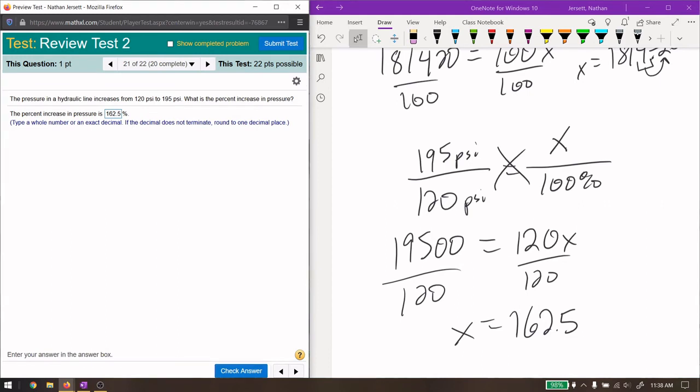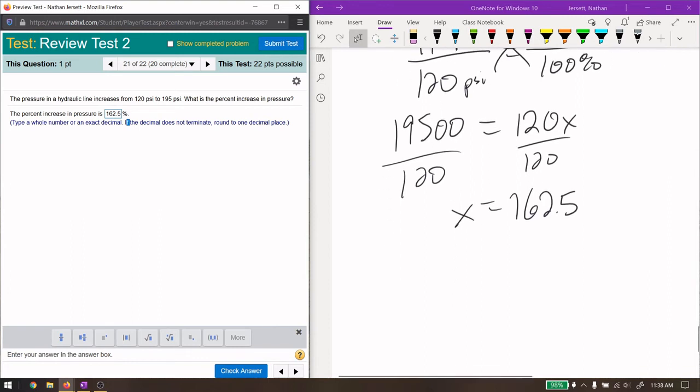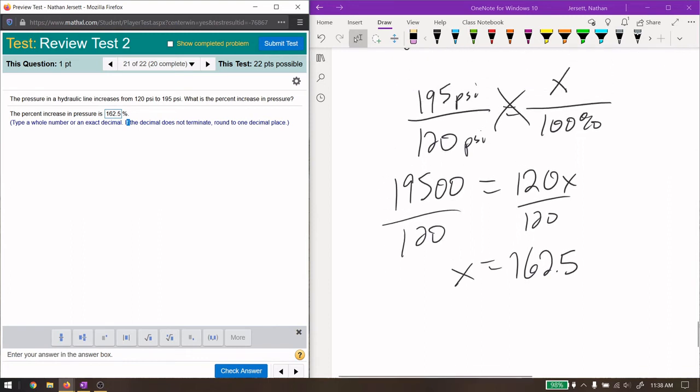It says what is the percent increase? So 162.5%, that is a percentage, but what is the exact percentage increase? Well, you take 100% off of the 162.5, so we get a 62.5% increase. Sometimes they want just what's on top of 100%, and that's the percentage increase.